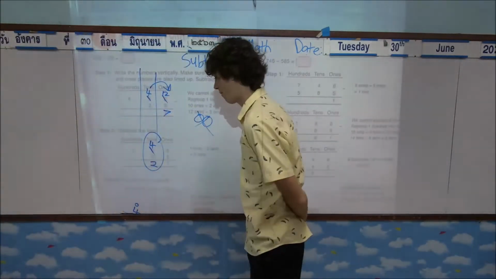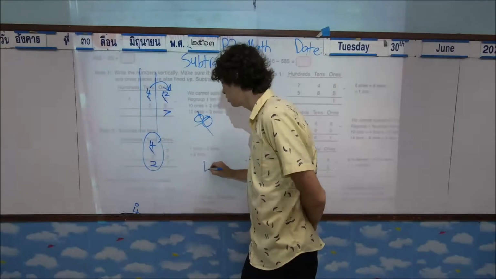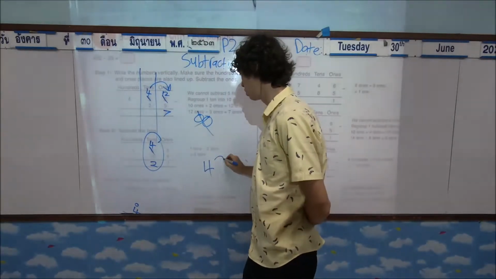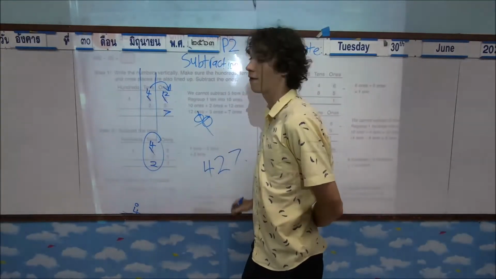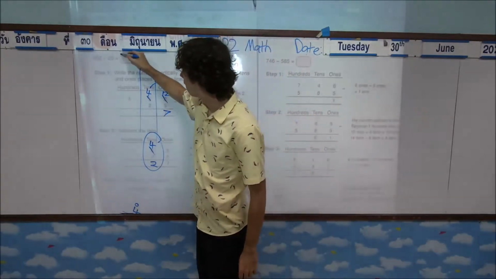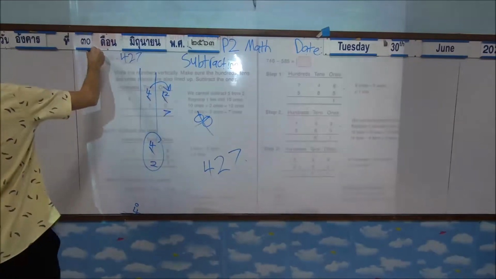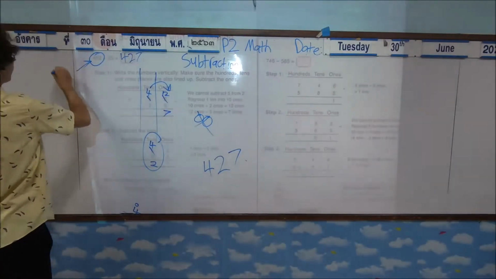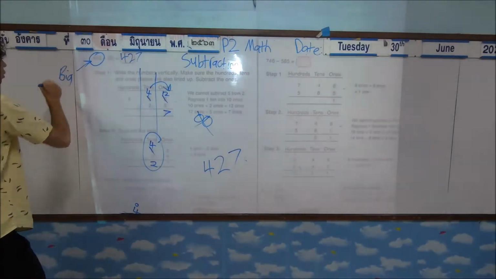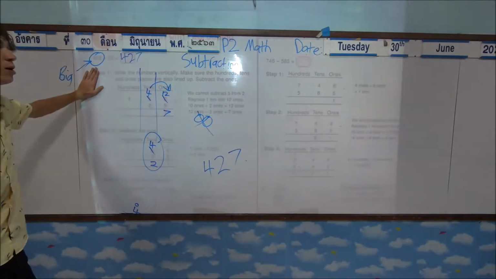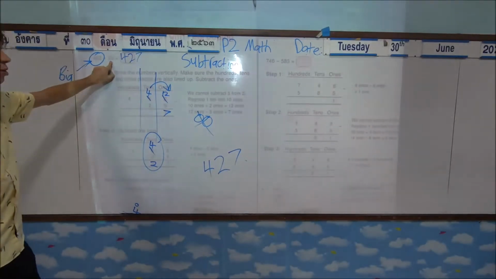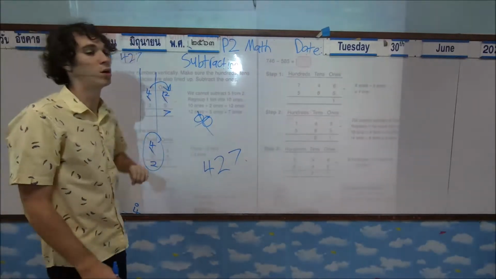So let's look. I have 400s, 2 tens, 7 ones, 427. And remember, this is the big number. We start with the big number minus the little number, and this number is smaller.